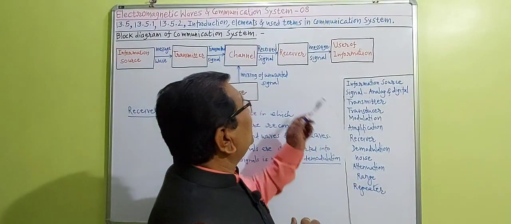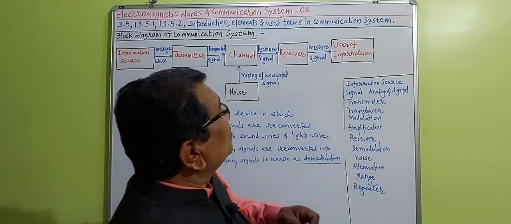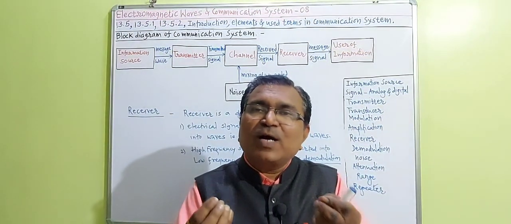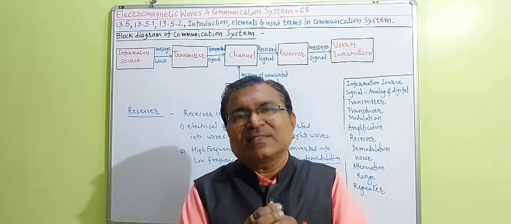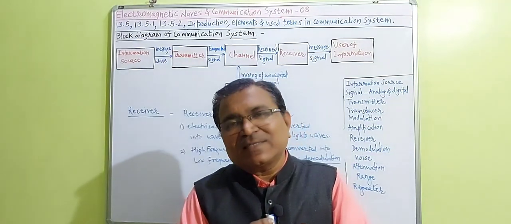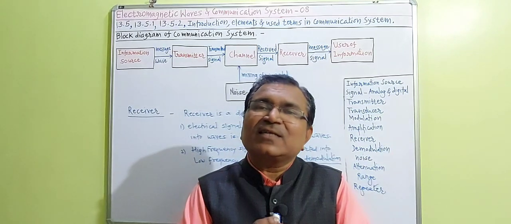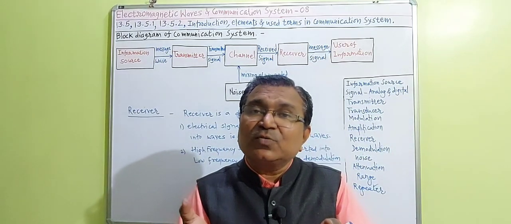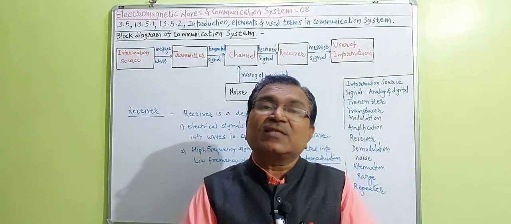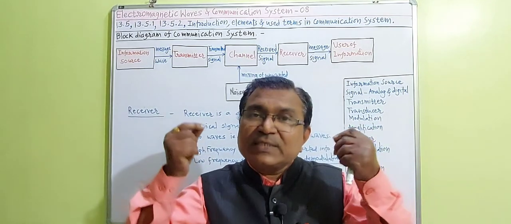And after that I have written here user of information. Our TV and our mobile are the users. That means sound waves are transferred towards the speaker to listen to the sound, and light waves are transferred towards the picture tube to watch the video.